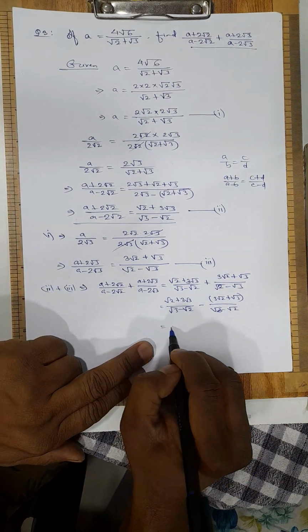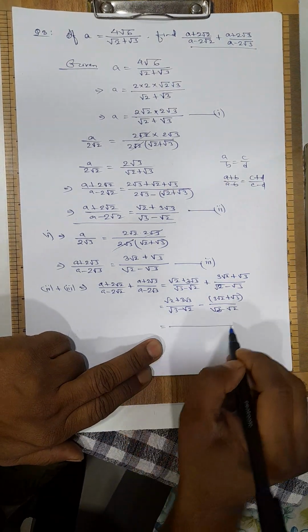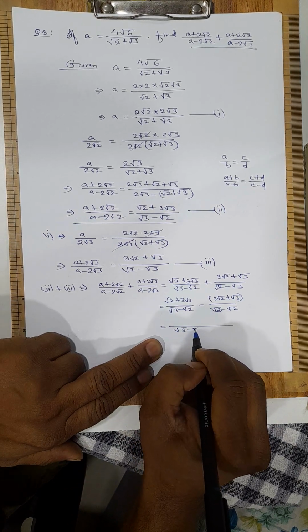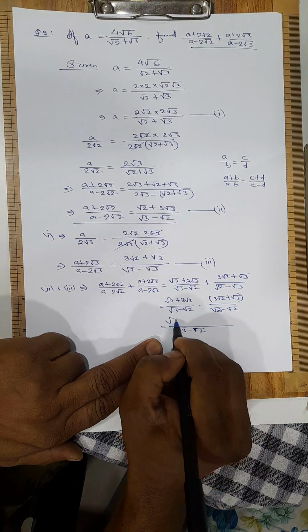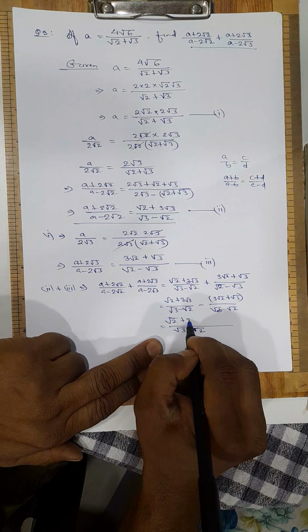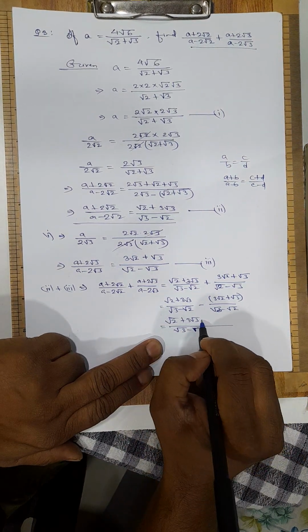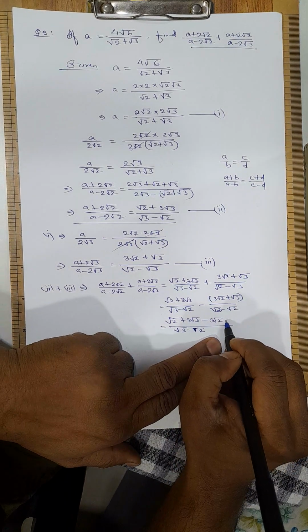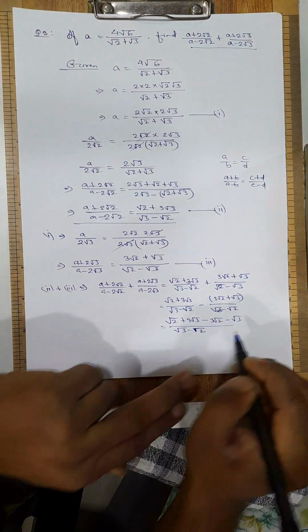Now denominator is same, so you can take it as an LCM, √3 − √2. √2 + 3√3 − 3√2 − √3.